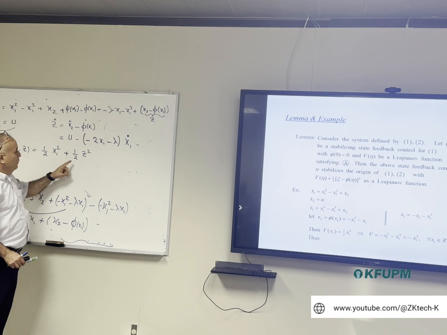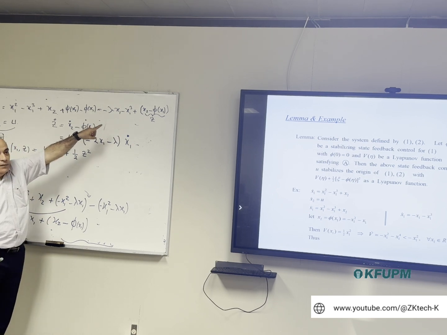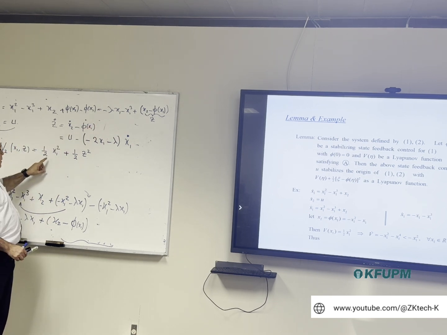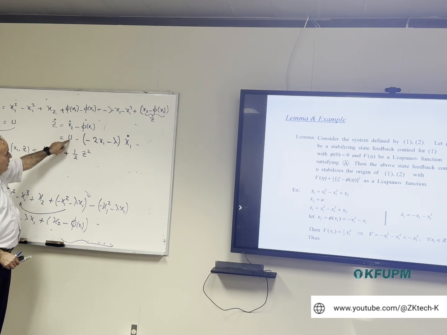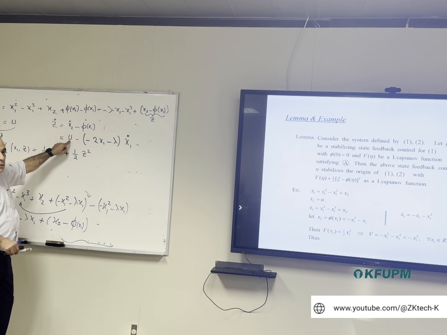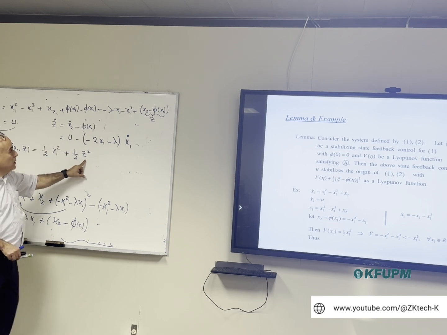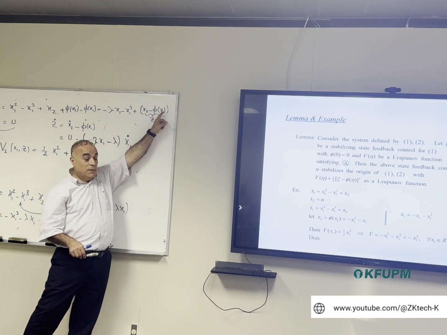So I'm trying to force x2 to go to 5x1. And then by putting all this together, I will select this value of u that will make it happen. So if I select the value of u that will make this system stable, x1 will go to 0, and x2 will go to 5x1.